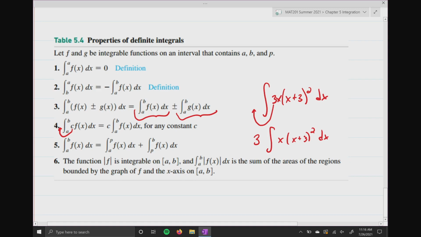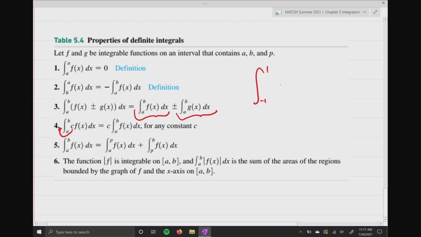Property 5 says you can separate the intervals if you wanted to. Now, that is really important if you're looking at a problem. Let's say something like this. The integral from -1 to 1 of, let's go with 1 over x.